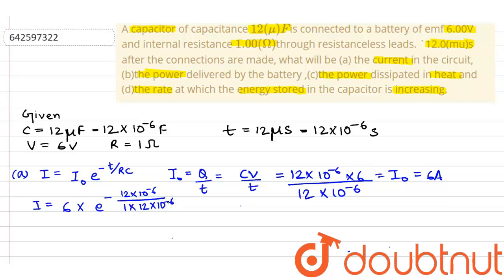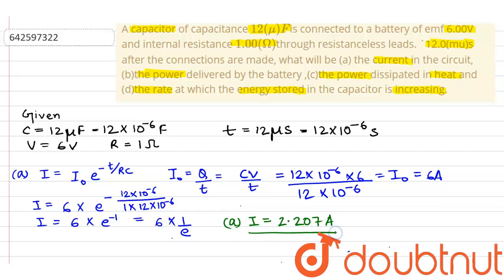When we calculate it further, I equals 6 into e raised to power minus 1, which is 6 into 1 by e. So when we put in the value of e, the answer for part A is I equals 2.207 ampere. This is our value.